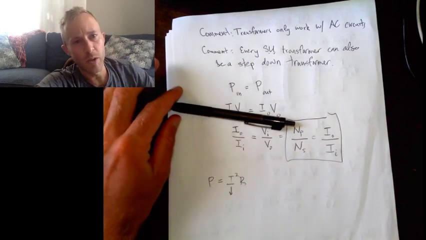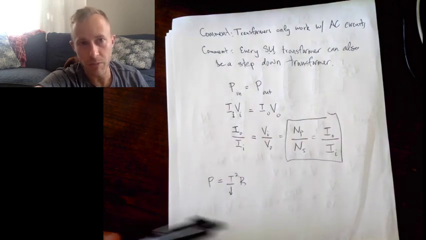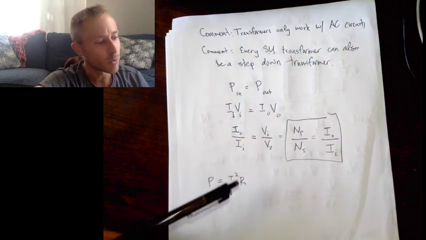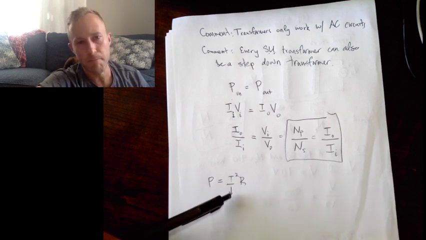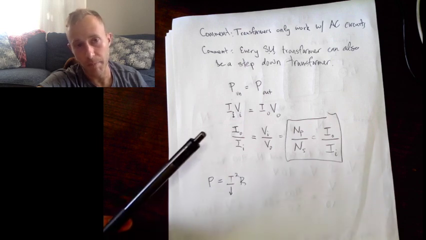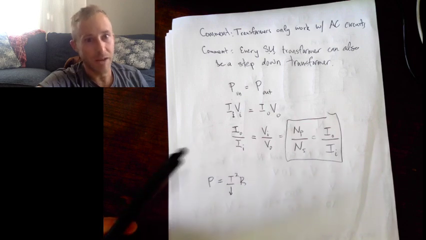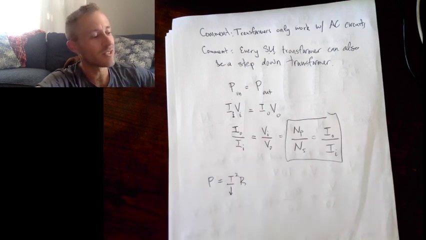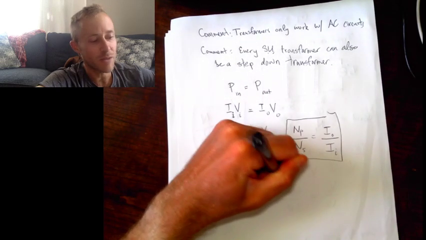So we want the power that is lost during transmission to be as small as possible, which means we want to transmit our power with the lowest possible current. Okay, but we still want to transmit a lot of power. So P equals IV, right?